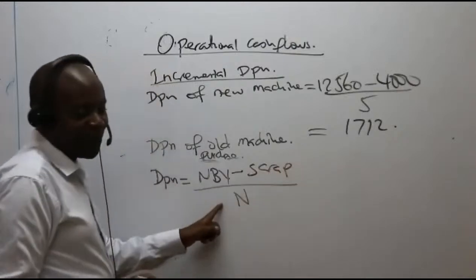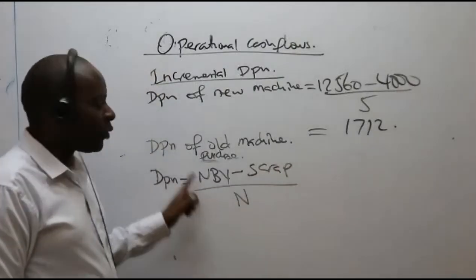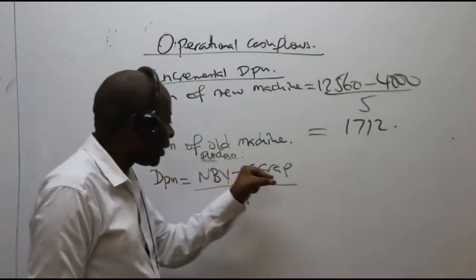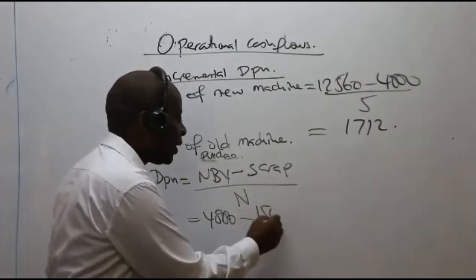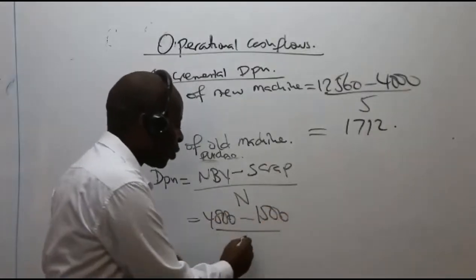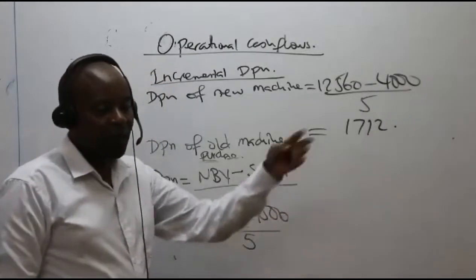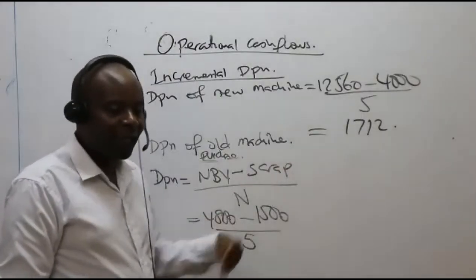So net book value as at the time of changing the period is 4,800 minus the scrap, which is 1,500, all over n, which is what year? 5 years from today, moving forward.